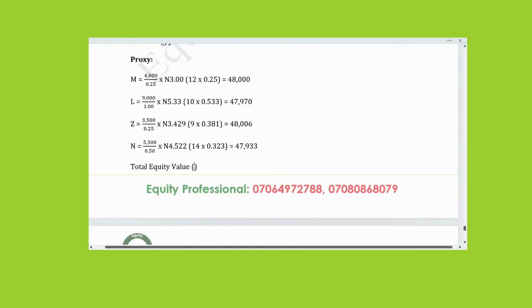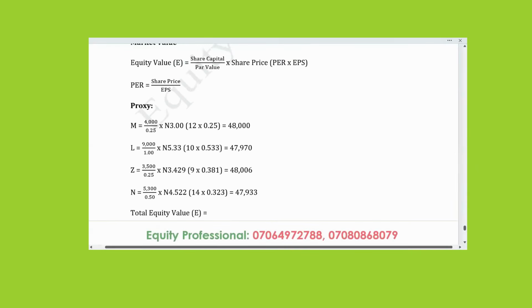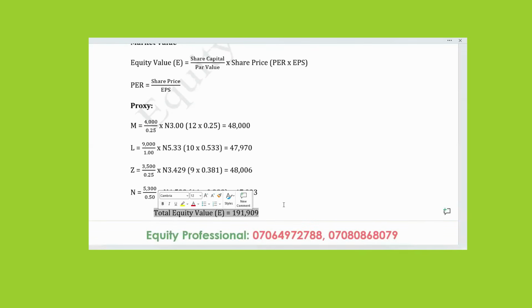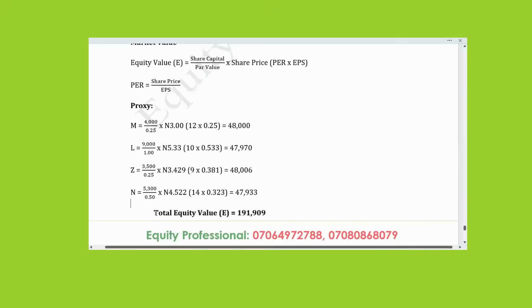We then add up everything. 48,000 plus 47,970 plus 48,006 plus 47,933. 191,909. So that's the total equity value of the proxy. Let me push it to the front. Let me bold it. All right. So that's the total equity value of the proxy companies.